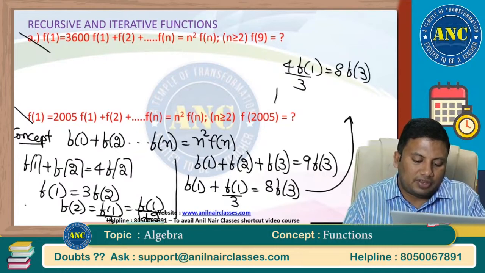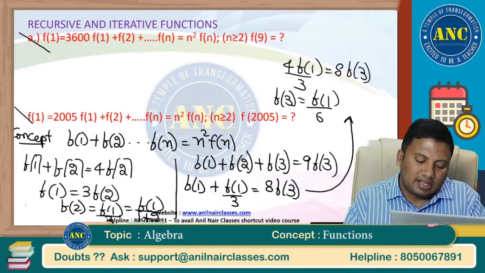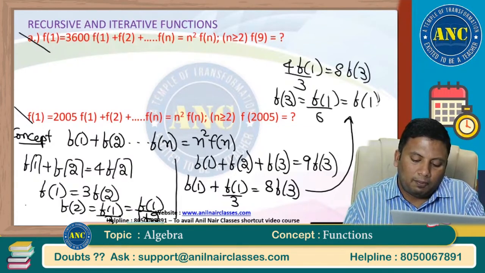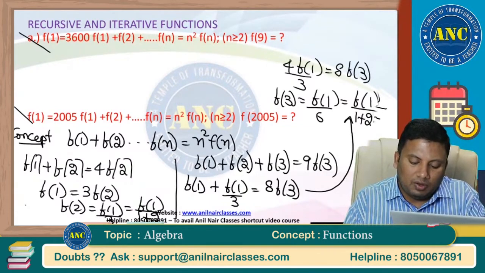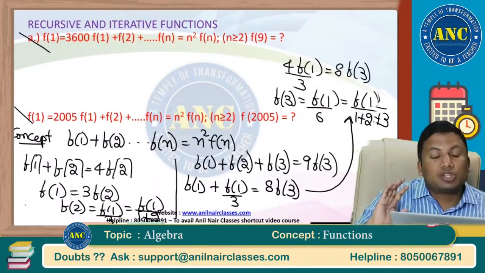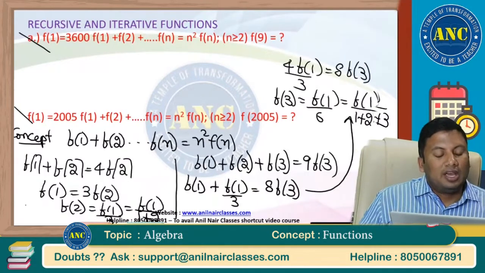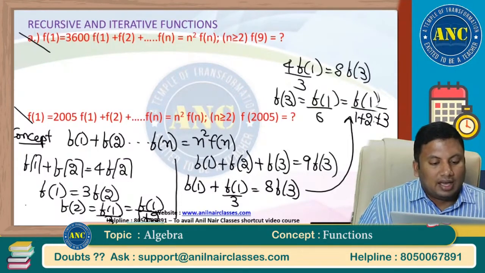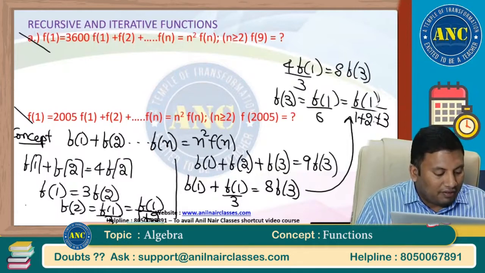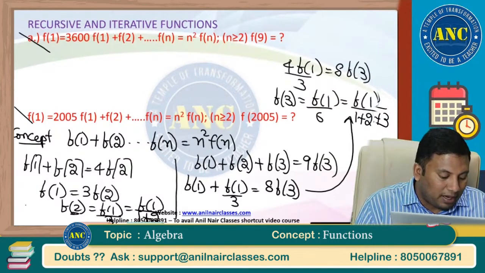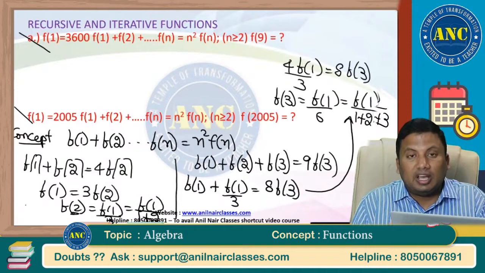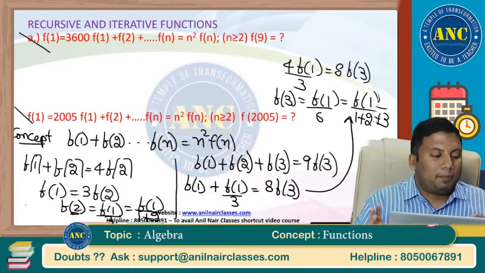So f of 3 equals f of 1 by 6, and 6 is 1 plus 2 plus 3. Now if you observe closely, instead of finding the values of f of 1, f of 2 and f of 3 till f of 9, f of 2 is f of 1 by 1 plus 2, and f of 3 is f of 1 by 1 plus 2 plus 3.